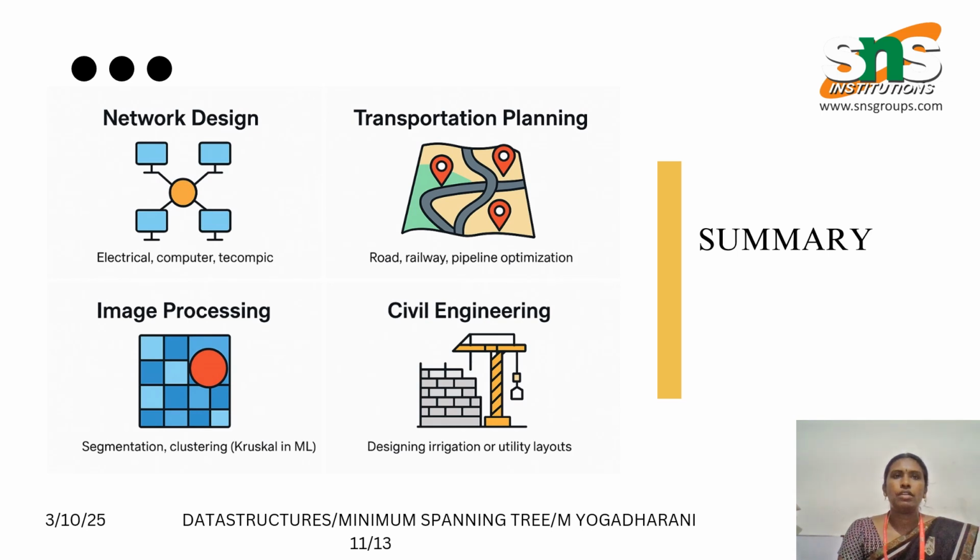Then the summary part. So let's summarize the key minimum spanning tree concepts. It connects all nodes with minimal cost and should not form a cycle. Kruskal's and Prim's are the two primary greedy algorithms, and applications extend beyond computer science, from telecom to civil planning. These are the applications: network design, transportation, image processing, and several others.